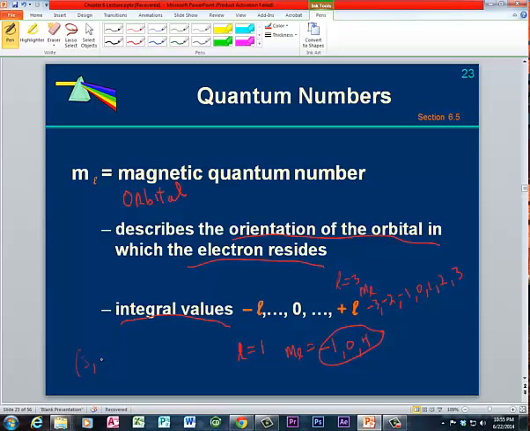We've got an l value, let's say 1, and then we have an m sub l value of -1, and then we have one other possible quantum number, which is what we call the spin quantum number, which I'll tell you about in a moment, and that can either be +1/2 or -1/2. So n, l, m sub l, and m sub s.